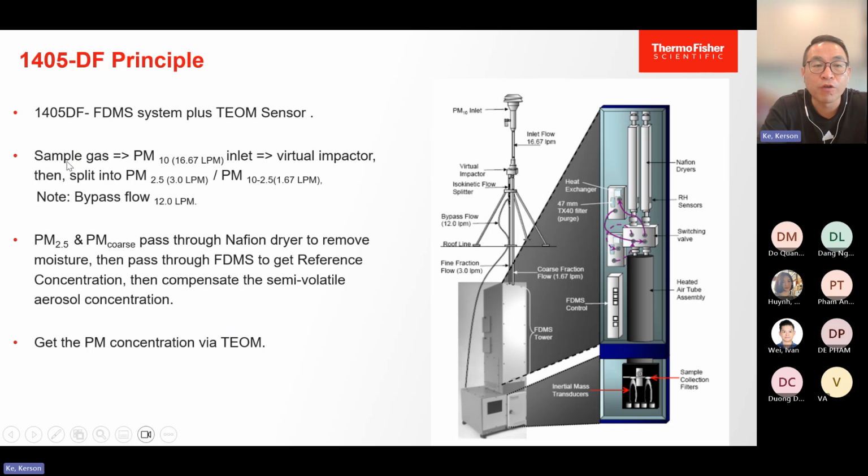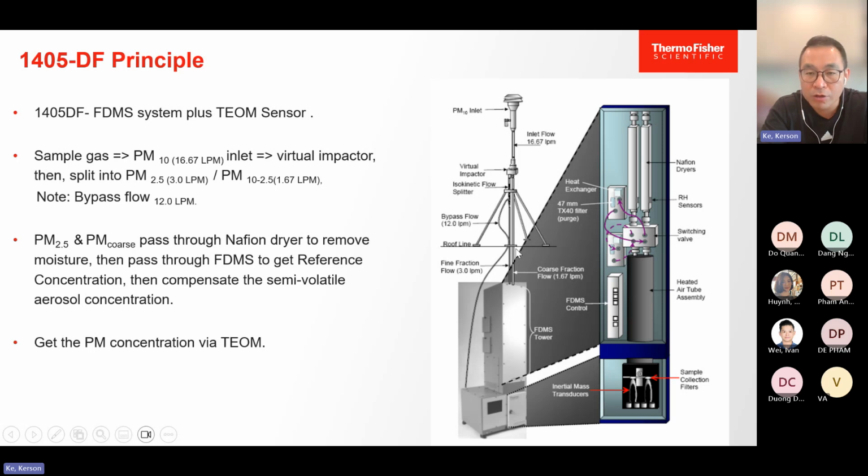You can see this workflow: the sample gas goes through the PM10 inlet and to this virtual impactor, and then is split into the PM2.5 and the PM coarse, different tubes you can see here. Fine particle means PM2.5, and PM coarse, the flow is different.